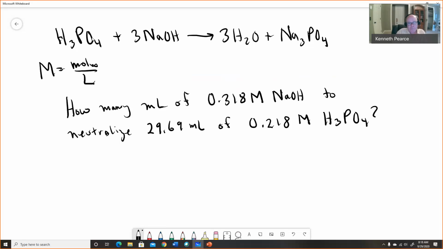H3PO4. Okay, now first off, we have to have a balanced equation. And the one thing that we always have to be careful about is we're always going to need the mole ratio between the 2 things that are reacting. And we look up there at the balanced equation, and we're looking for sodium hydroxide and the phosphoric acid. And I see the phosphoric acid, there's an implied 1, and I have a 3 in front of the sodium hydroxide.